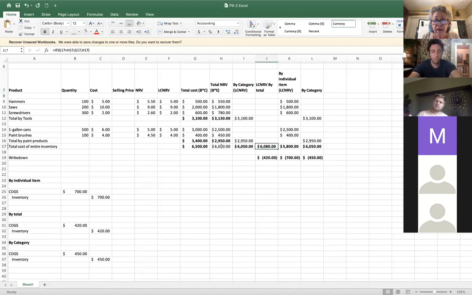That I compared the 6080 to, which is the total of NRV times quantity, and compared it to cost, and the lower of the two is 6080. So you're okay? Are you going to have to calculate each one of these on a problem? Yes.